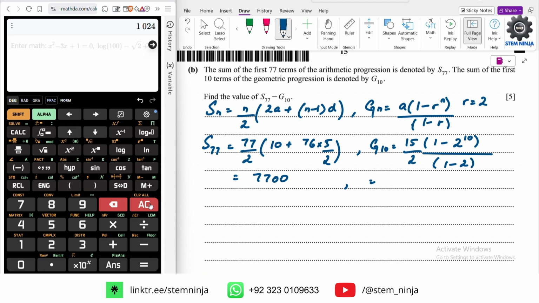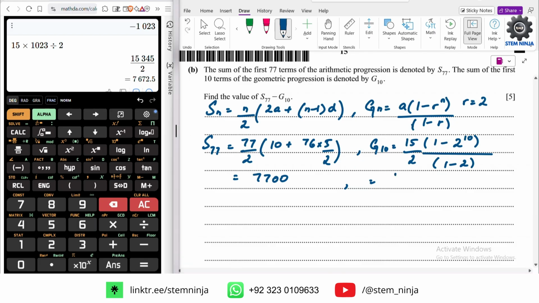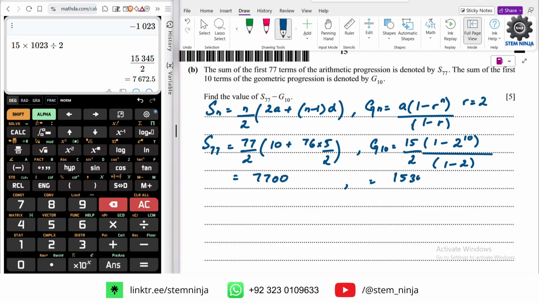So 1 minus 1024 divided by minus 1 is just 1023. So 15 times 1023 divided by 2. This particular value is 15345 divided by 2.